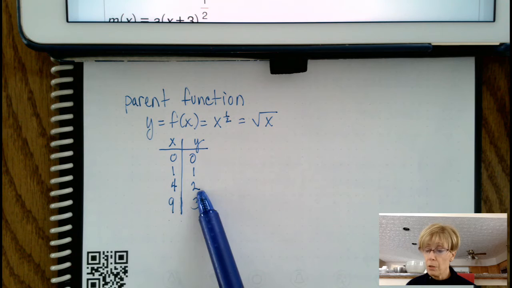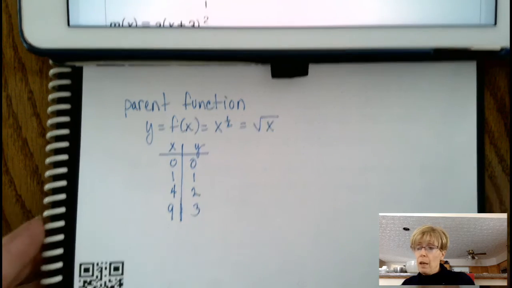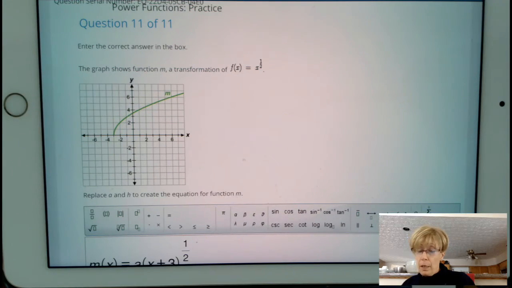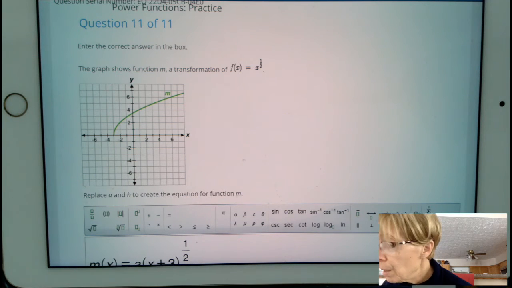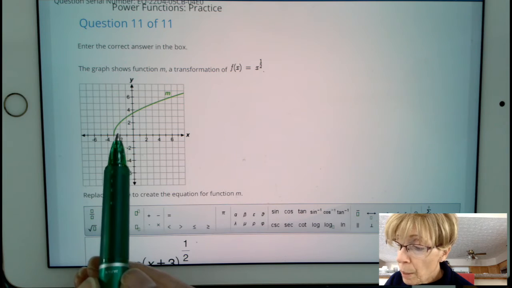So if we go back and look at the picture on the iPad again, because we've got some number, it's going to be a vertical stretch, and it doesn't even look like it is a vertical stretch. What happens in the parent function is that we would go 1 space to the right and 1 up. But we actually went 1 space to the right and 2 up.